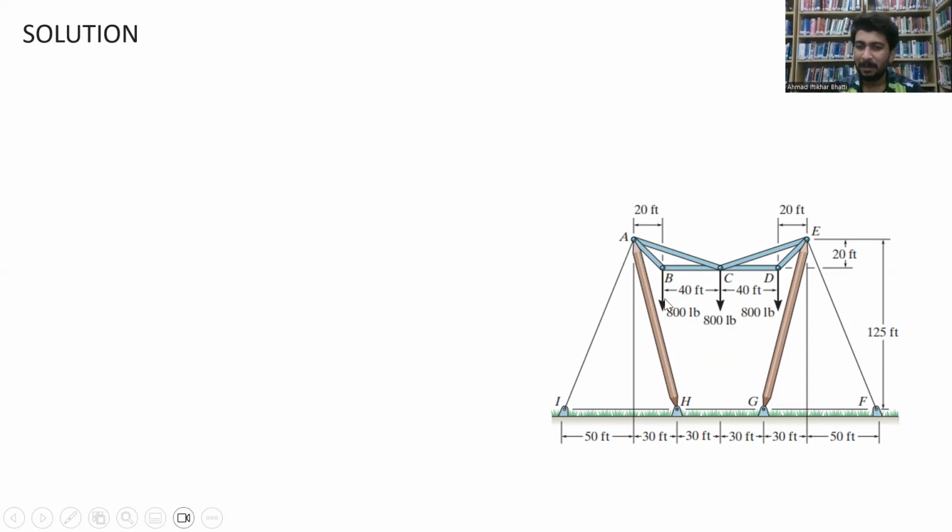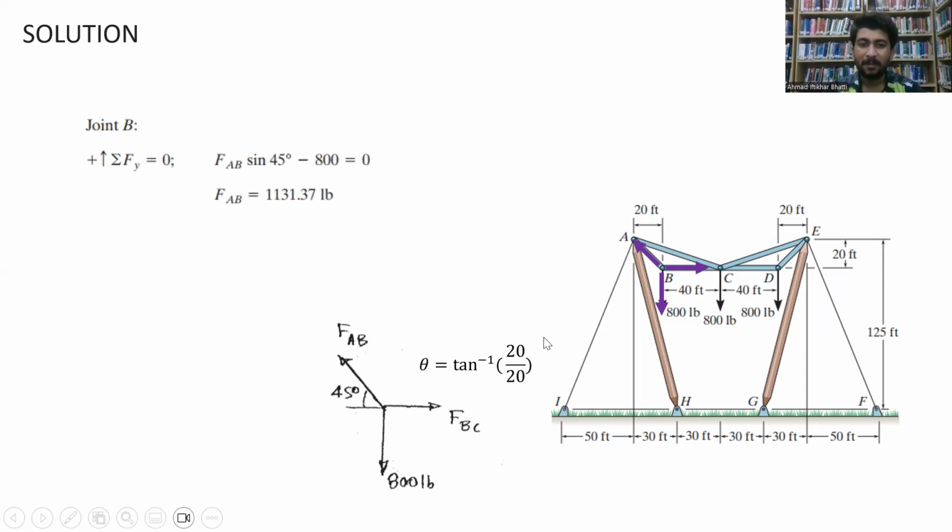For member AB, we can take the pin P. And you see, with the member AB, we have an angle of 45 degrees because this triangle has a perpendicular of 20 feet and also a base of 20. And if we apply the forces in the vertical direction, then we have the force in the member AB with sine component and an angle of 45 degrees.